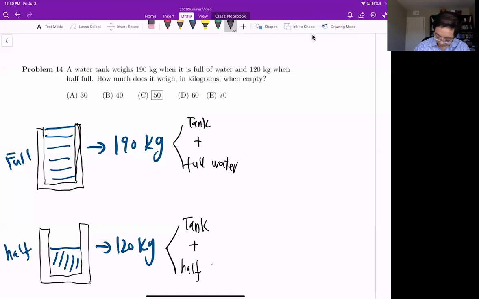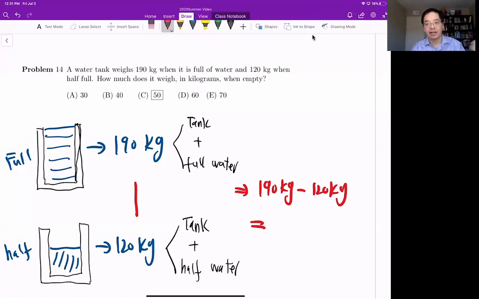If you take the difference, they share a common thing, which is the weight of the water tank itself. So subtracting, you get 190 kilograms minus 120 kilograms, which is 70. That is exactly half of the water.